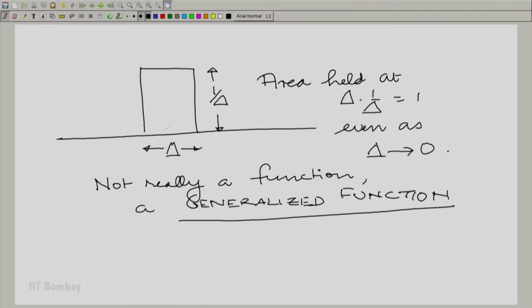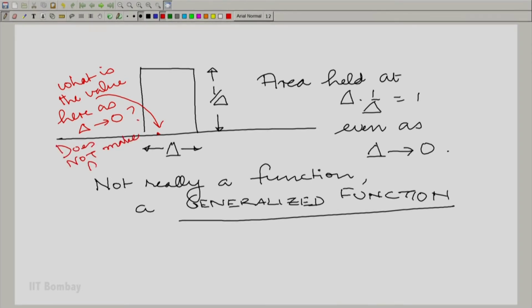Let us go back to the figure to understand. If I were to choose a point somewhere here, and if I were to ask what is the value here as delta tends to 0, it does not make sense. That is what is lacking in thinking of this as a function. That is why it is called a generalized function.